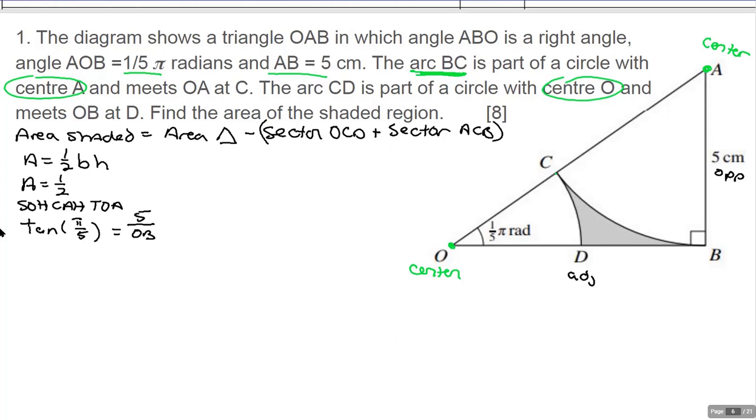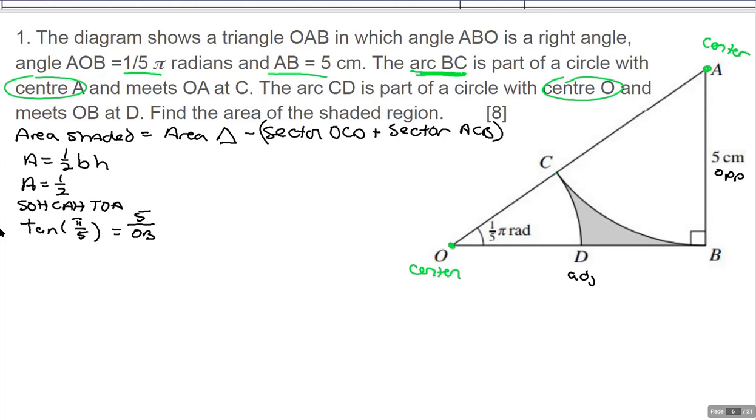Now what do I do? You have to try and separate the two. Well, I need to get OB by itself, right? Yeah. So what I'm going to do, basically, is multiply both sides by OB. So then it's going to be OB times tan.